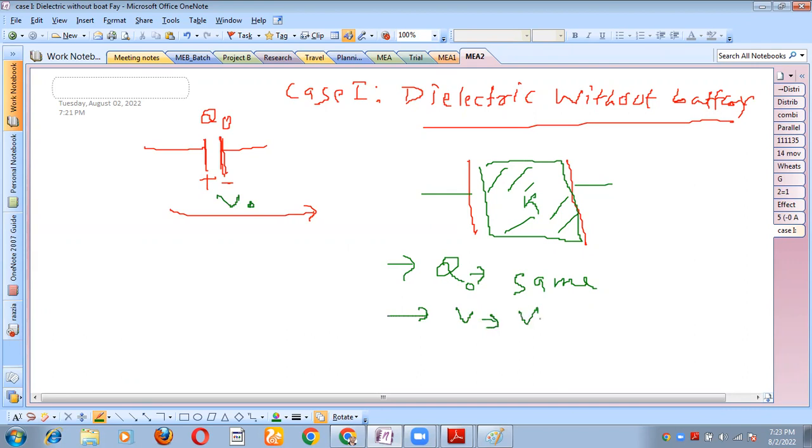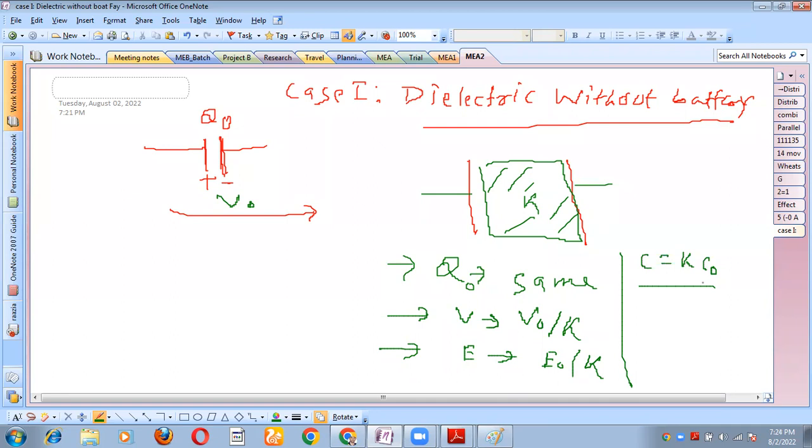The new potential will become V naught by K. The electric field will reduce since the potential is reducing. The electric field becomes E naught by K, and capacitance will increase. Capacitance C will become K C naught. So potential obviously decreases, electric field decreases, and charge remains the same.